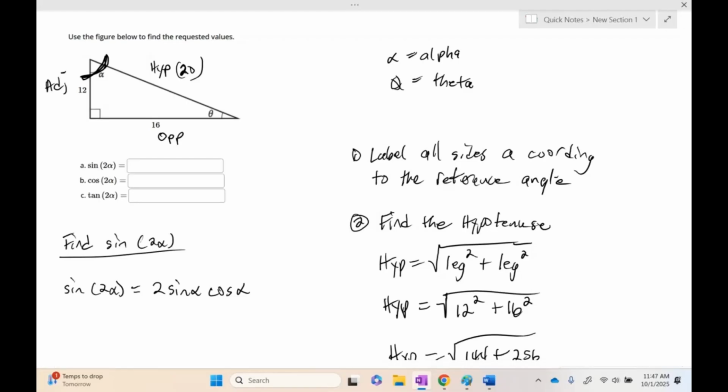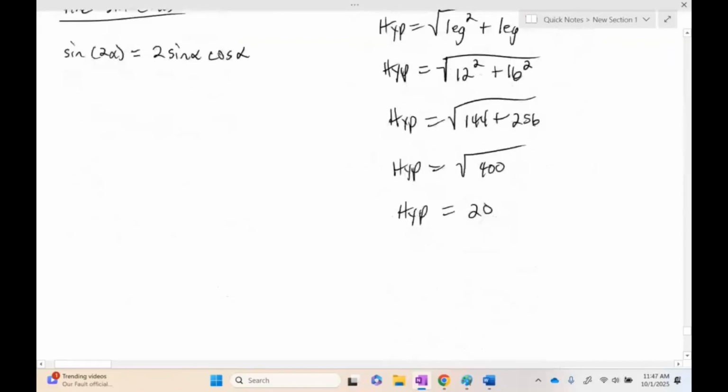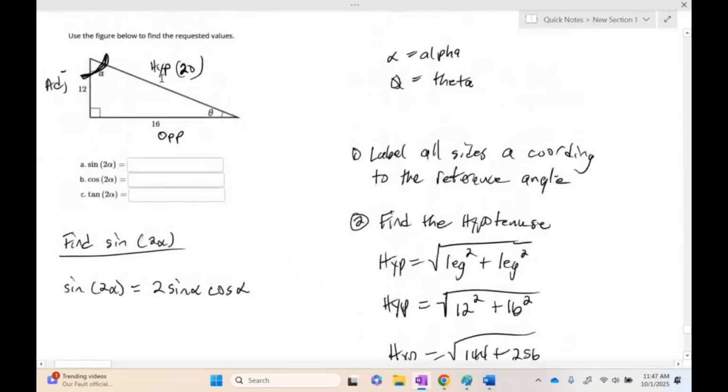Now we've got everything we need: the adjacent, the opposite, and the hypotenuse. So what is the value for sine? Well, use Chief Sohcahtoa. The sine is going to equal the opposite over the hypotenuse.